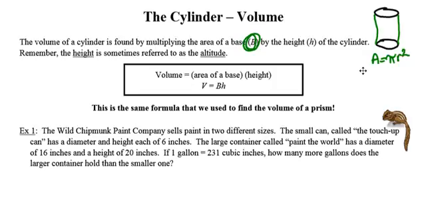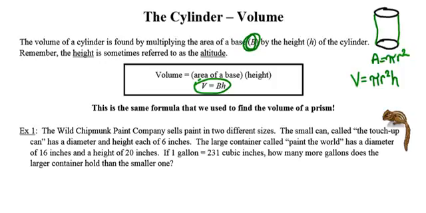So if you look on your formula sheet to find the volume of a cylinder, it's actually going to say volume equals the area of the base, pi r squared, times the height, or the distance between the circles on the cylinder. All right, but in essence, notice that really it's area of the base times the height, which is the same formula that we use in order to find a volume of a prism.